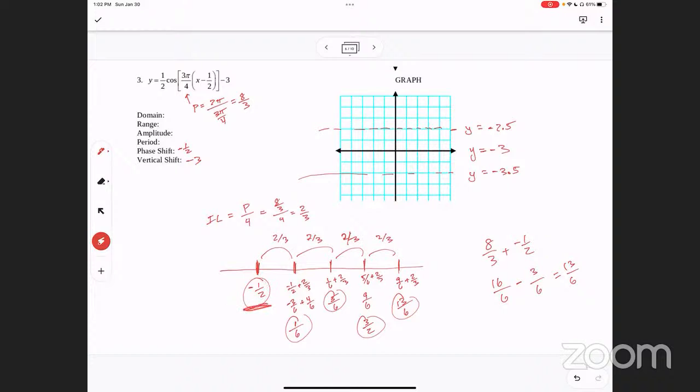The distance between here and here is 13/6 plus 1/2, which is equal to 16/6, which is 8/3. So that checks out. My bad, I was just doing the wrong check. Anyway, those are the right values.